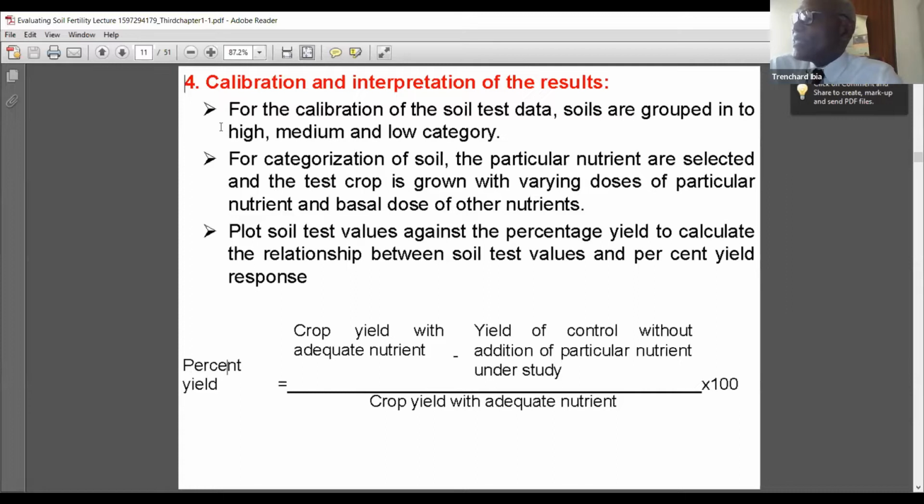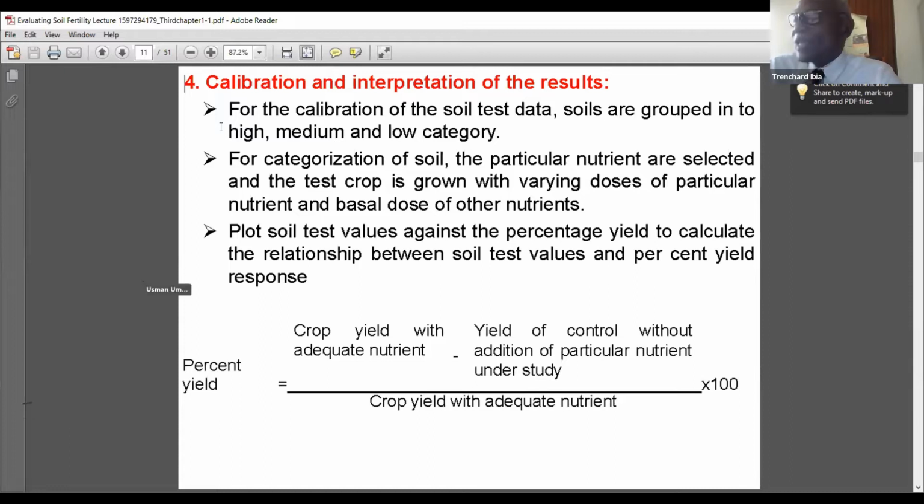To calibrate, you have to look at establishing a relationship between a given soil test value and the yield response from added nutrient to the soil. That means you have to plant in the greenhouse, in the field, and you calibrate. And calibration is needed for you to be able to recommend nutrients.